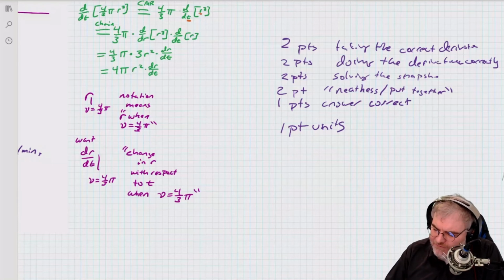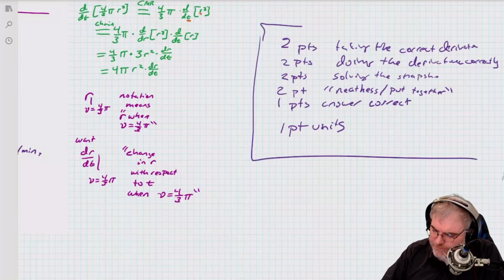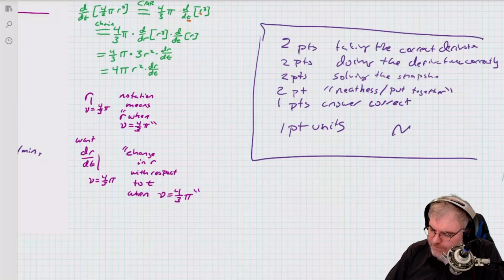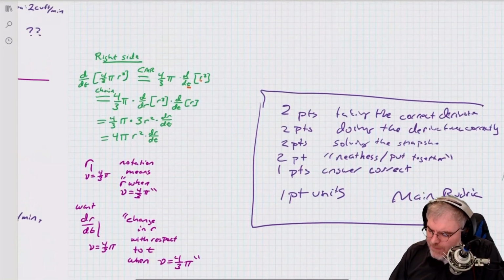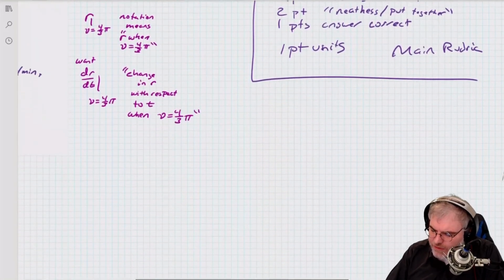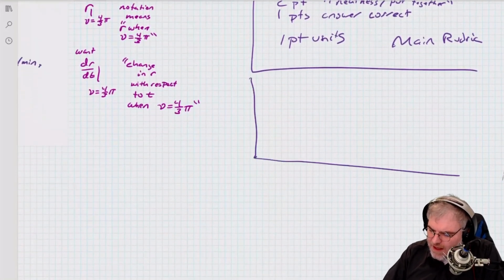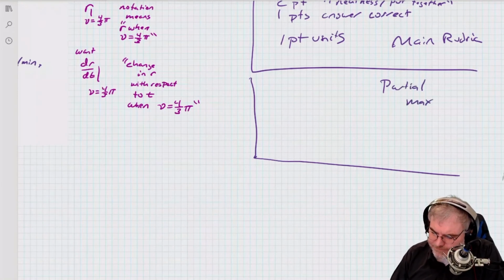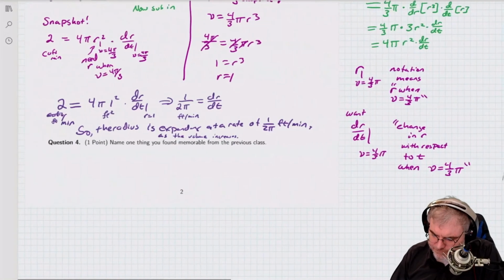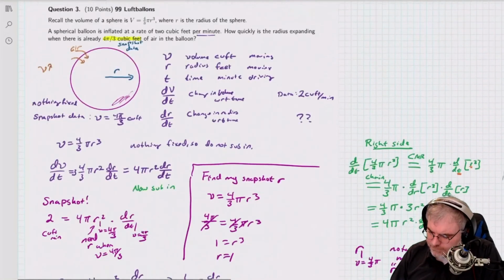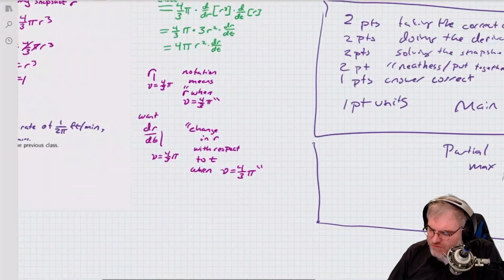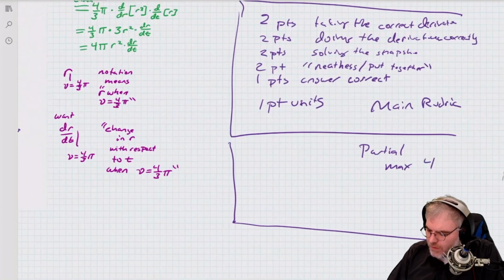And then you'll have all of these partial credit rubrics. So this is the main rubric, and then you'll have a bunch of partial credits. It'll be something like partial max 4 or half missed.